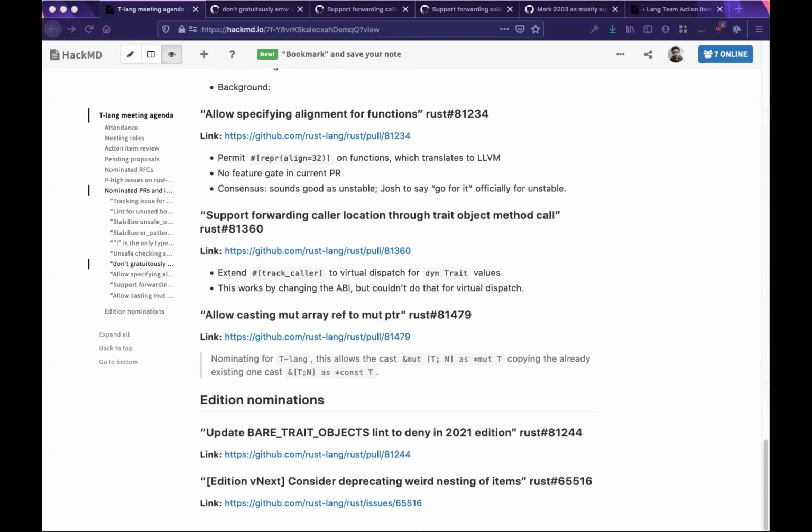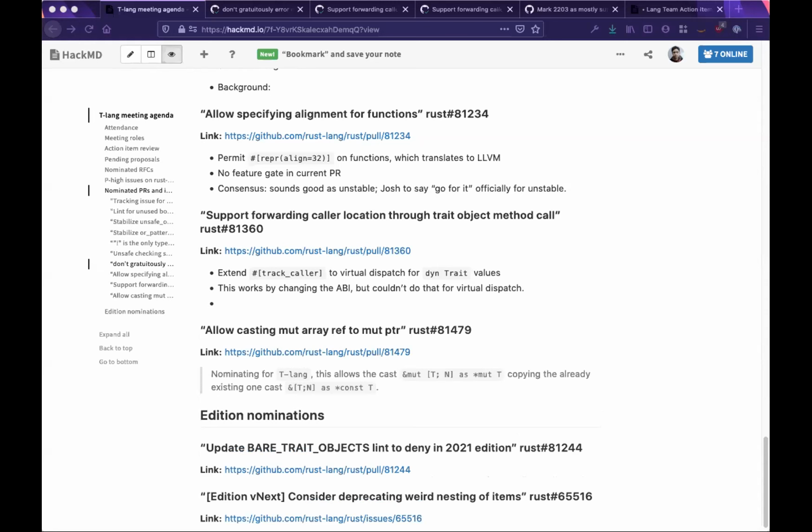So even when you're not going through the vtable, if you were calling the method that had track caller in the trait definition, it will still have track caller behavior.